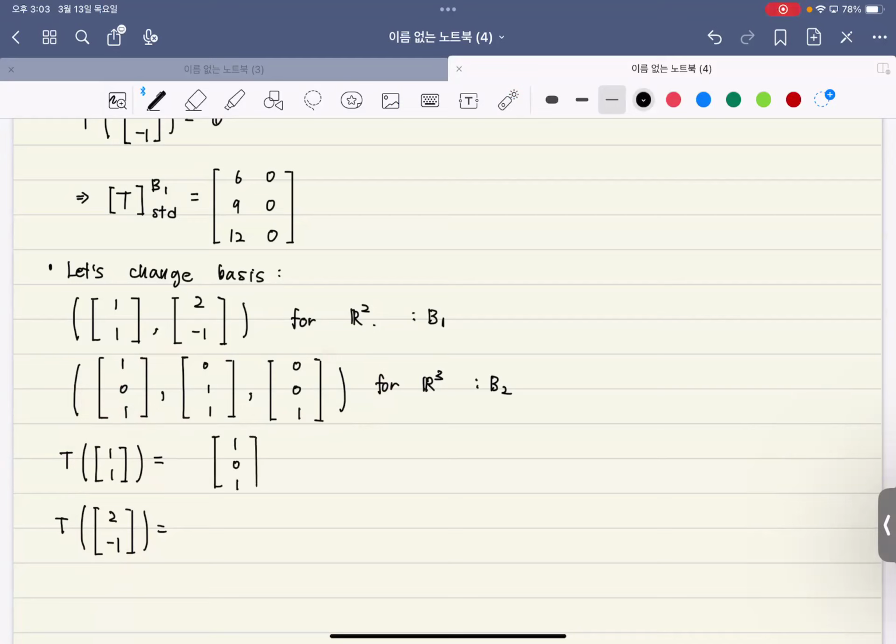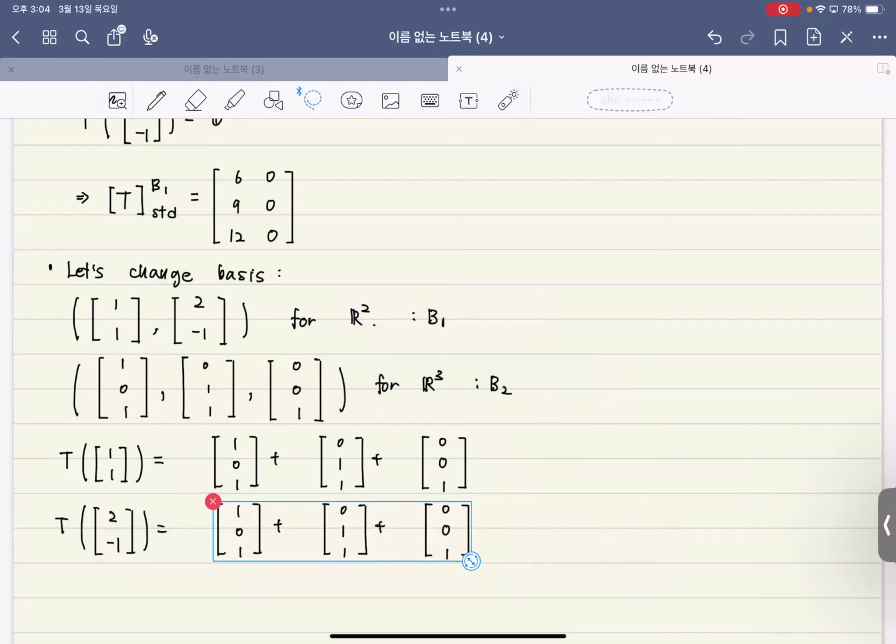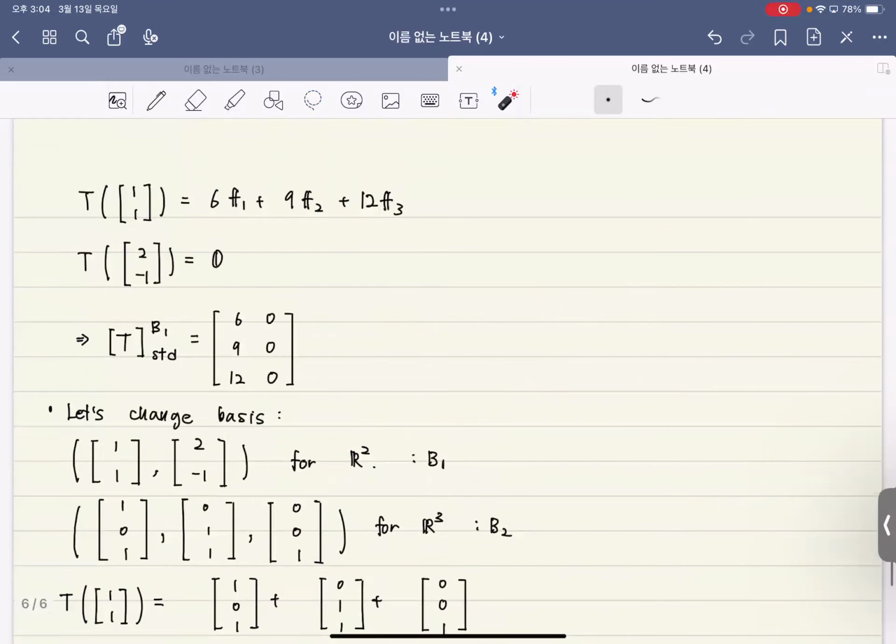101 plus 100, 011 and 001. So what was this?